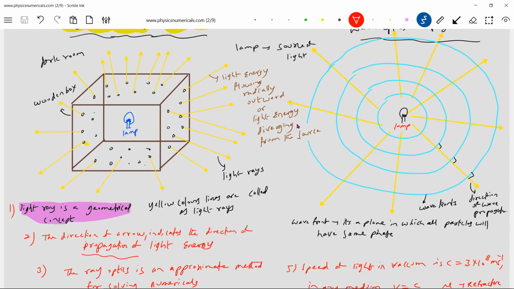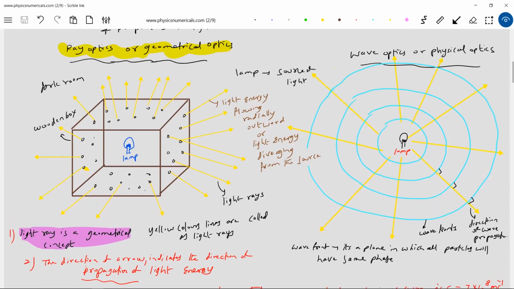Now, when to use ray optics, it all depends upon the situation. Where ray optics is valid, go for ray optics. Where ray optics is invalid, then come to wave optics. In some situations wave optics may not be applicable, like the photoelectric effect, where you cannot bring in the wave nature of light.